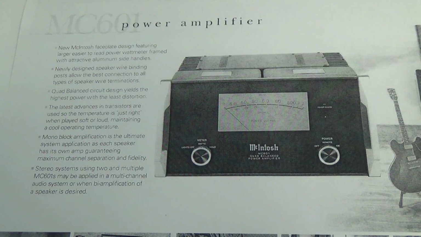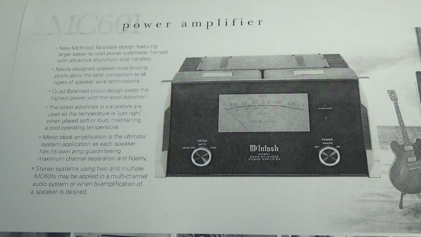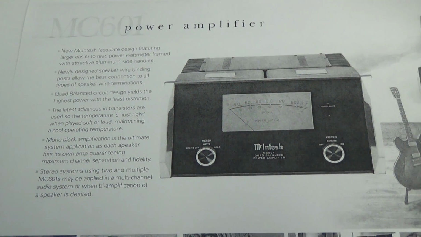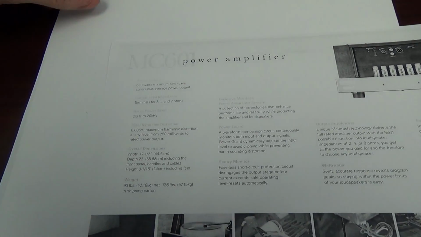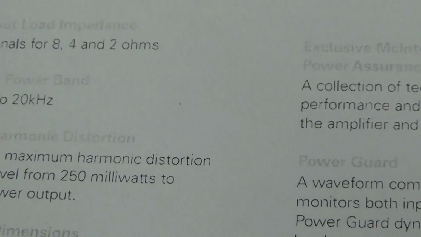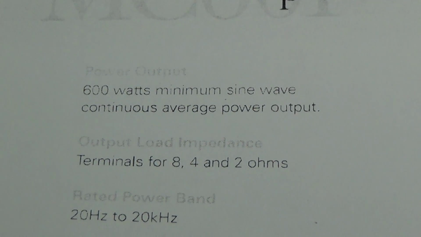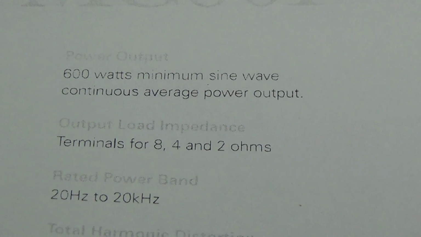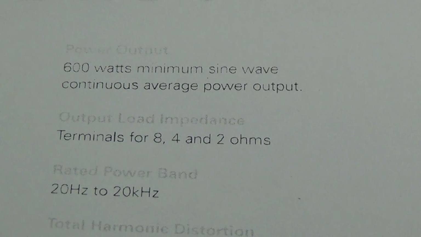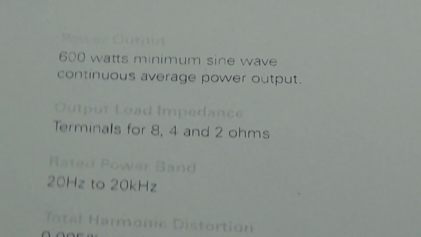And this one in particular makes several hundred watts of power. Let me show you another page here so you can see some of the particulars. First of all, this amplifier, this 601, is 600 watts. So compared to your about 1 watt amplifier, that's significant. 600 watts is really tremendous.